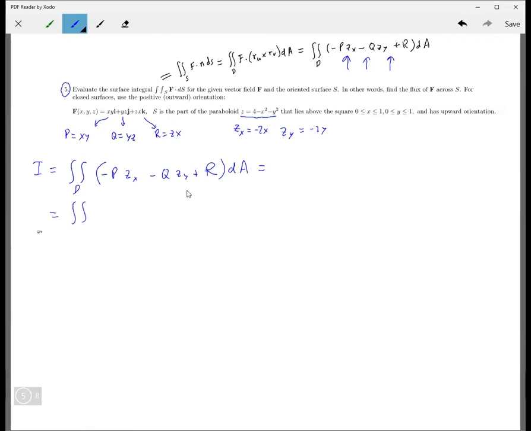Okay, so you've got x and y going from 0 to 1. And then negative P, so that's negative xy. And then your z_x is negative 2x. And then you have minus Q, which is yz right there. And then your z_y is negative 2y, plus R, which is zx right there.